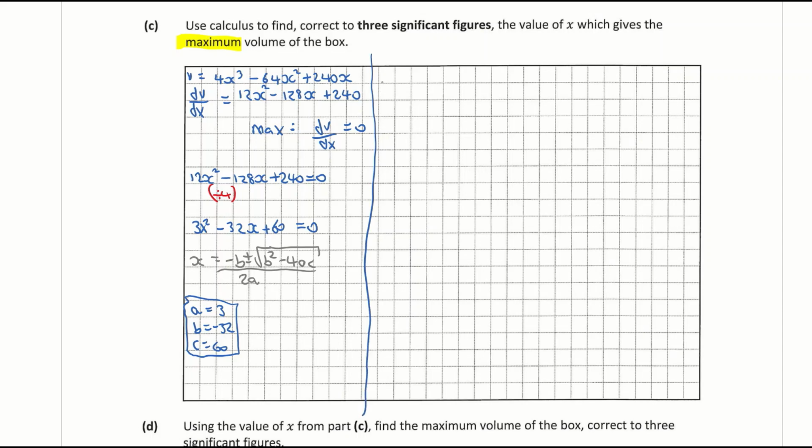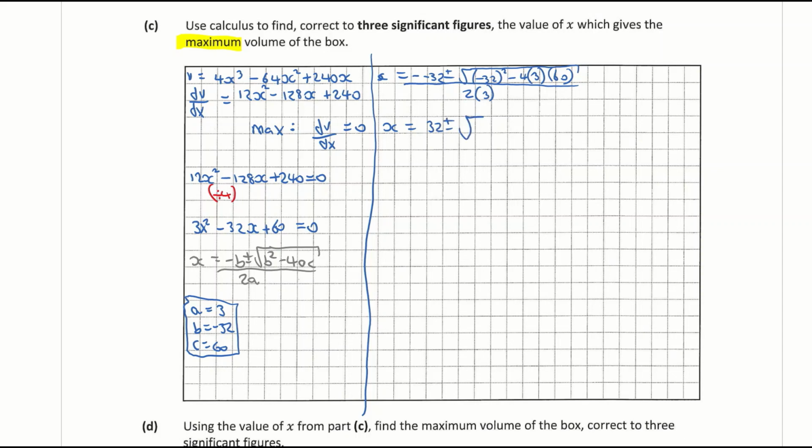So let's do it out now. Filling it in, I have x is equal to minus b, which is minus 32, plus or minus the square root of b squared, minus 32 squared, minus 4a, which is 3, and c, which is 60, all over 2 times a, and a is 3. So x is equal to 32, because minus minus becomes plus.